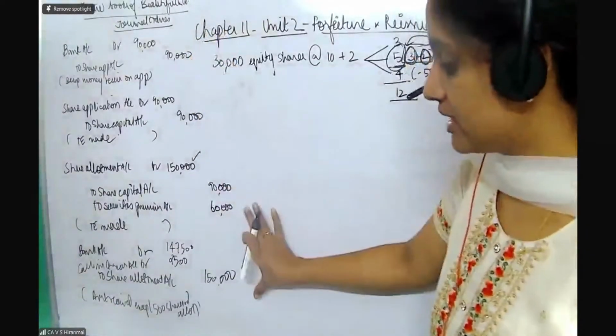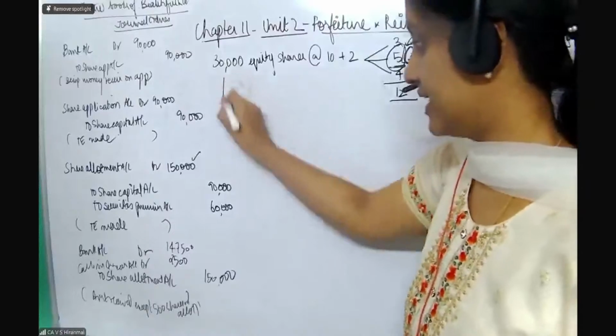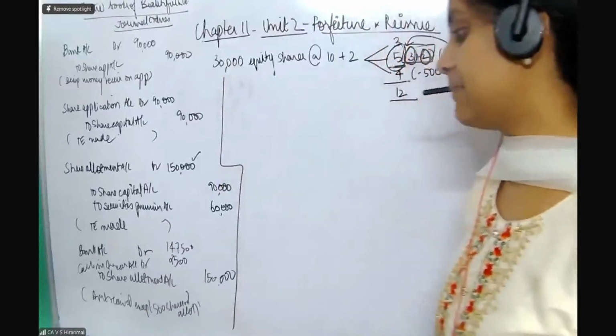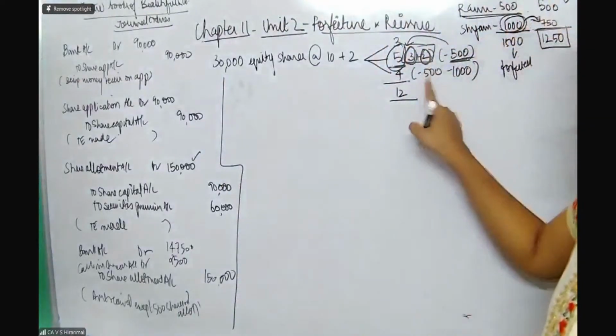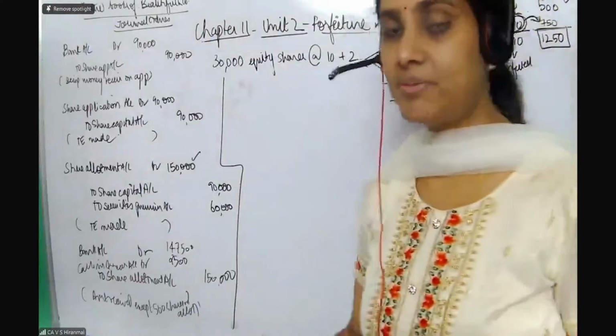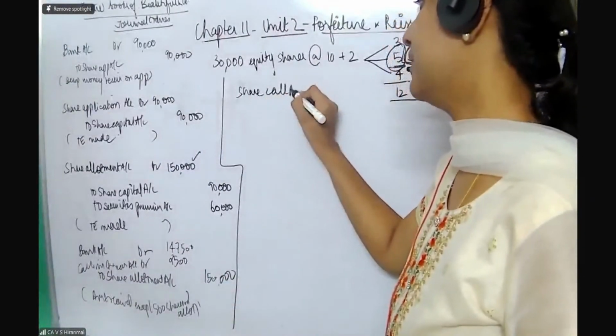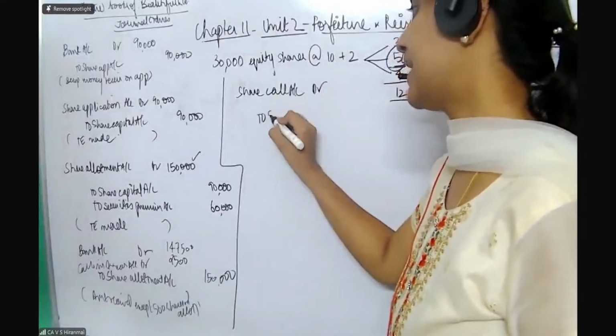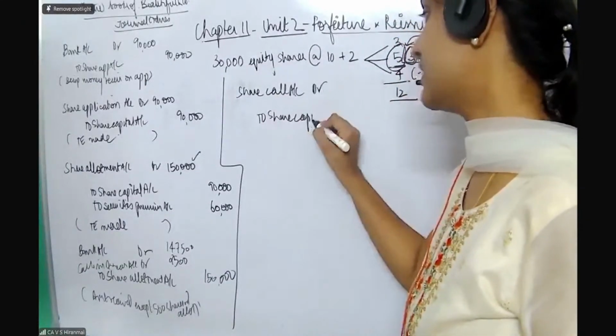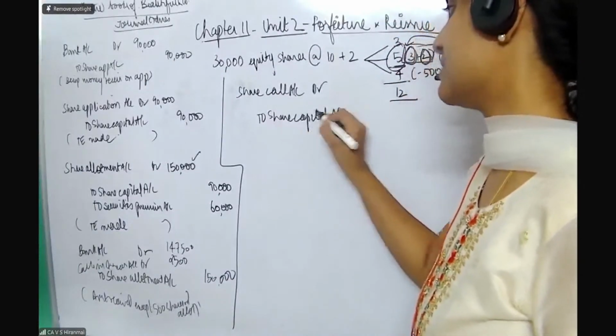So what did we do? Application two entries over, allotment two entries over. The next thing will be an entry for the call money. In the call, do you have a premium? No. So it will be share call account debit to share capital, because first I have to pass the transfer entry. As simple as that.